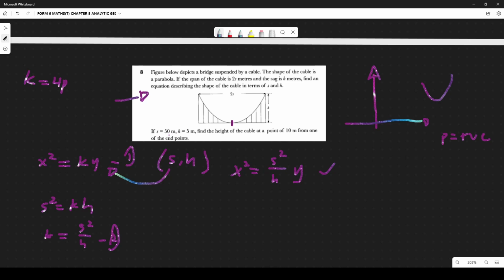Let's say S equals to 50 and H equals to 5. Now how can we input these terms? x squared equals 50 squared over 5. How much is 50 squared? 2,500.